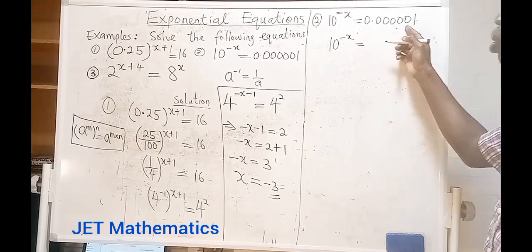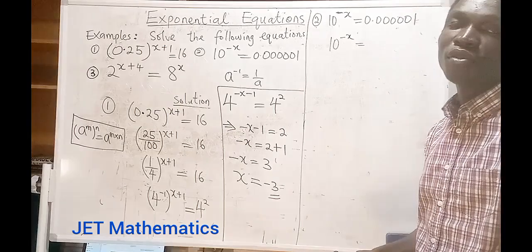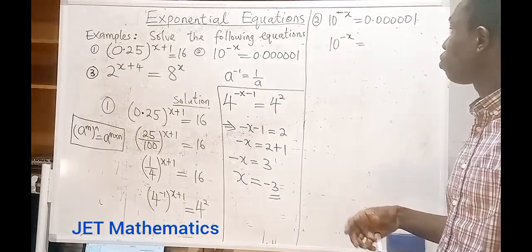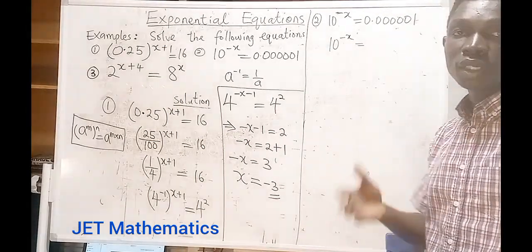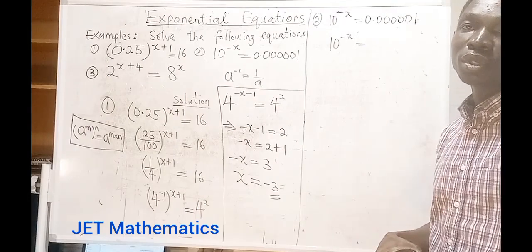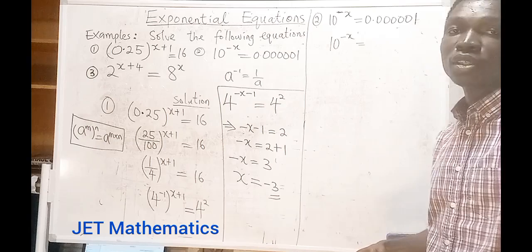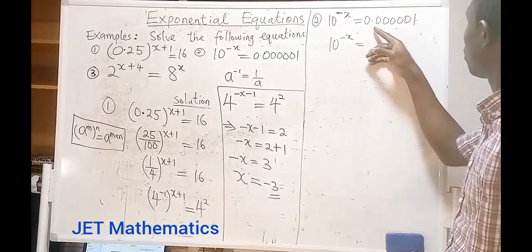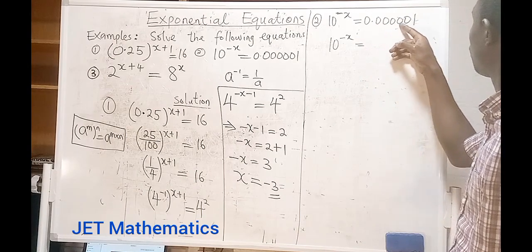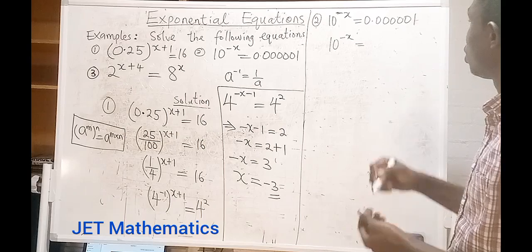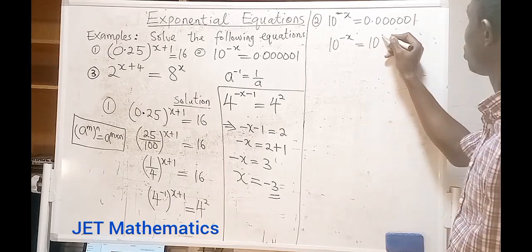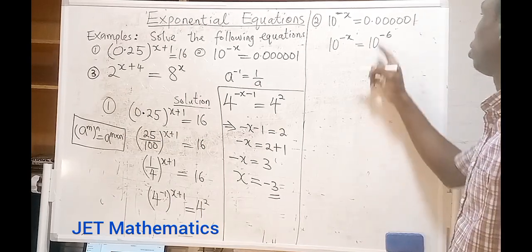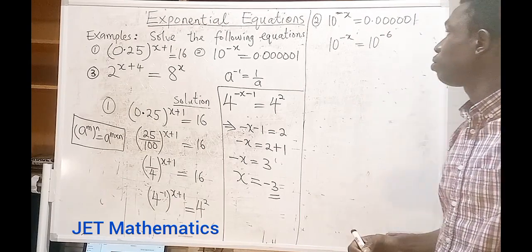We can express this number in standard form. If you don't know what standard form is, you can see our videos on standard form and get full knowledge on that. Okay, so changing this to standard form, you have 1 2 3 4 5 6. So this is 10 raised to the power of minus 6 for this number in standard form.